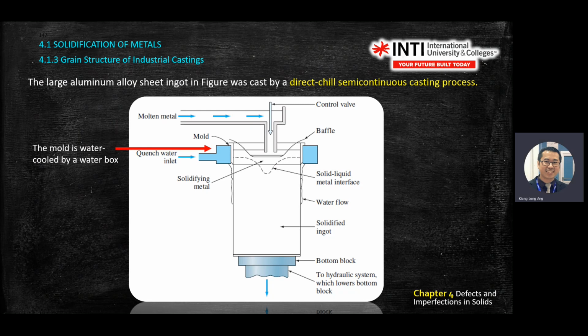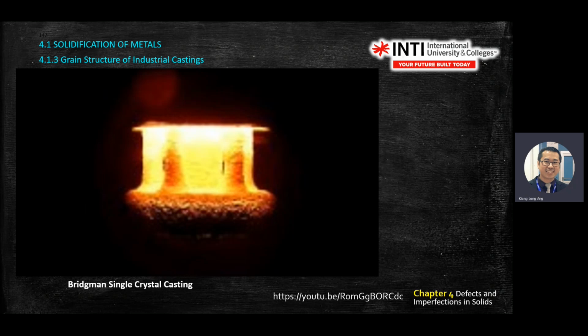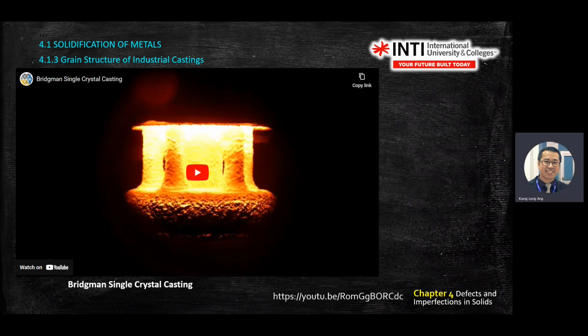When you pour metal into the mold, this is the stationary mold. You pour in, and the mold will always have a cooling mechanism. In this case they use water, and they start to cool down the metal. So this is how they do it.